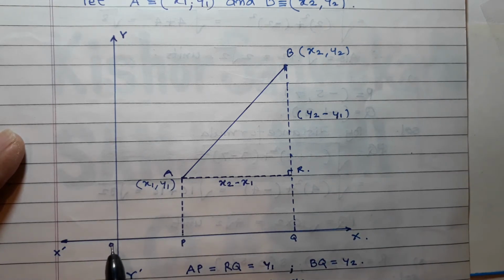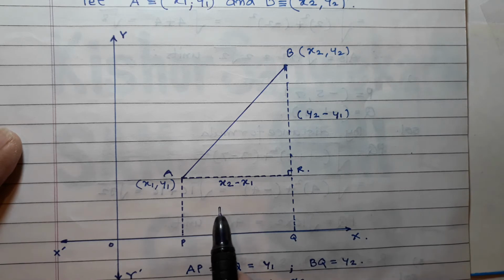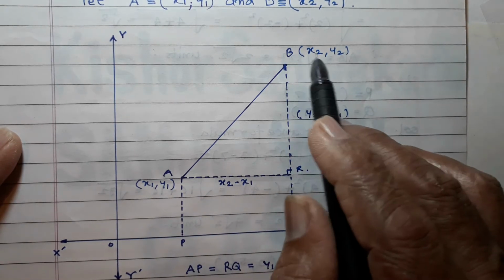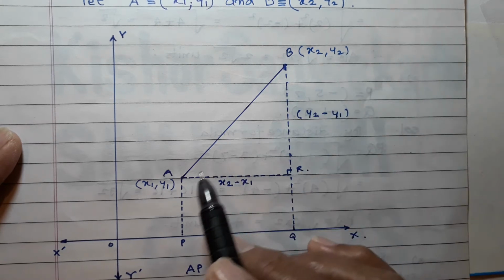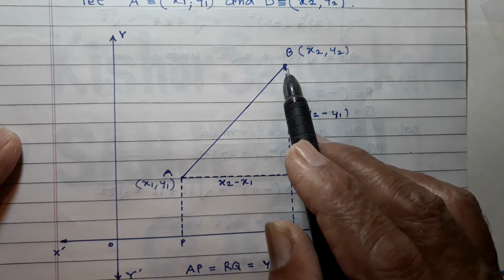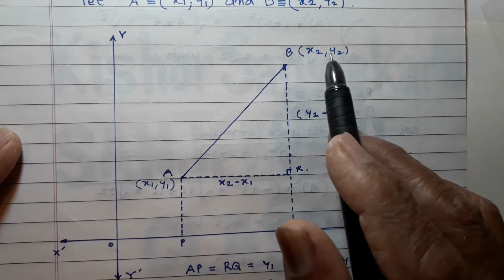This point is origin. Coordinate of this point is 0, 0. Now in this plane, suppose A is equal to x1, y1 and B is equal to x2, y2. These 2 points are given. You can find the distance between them.